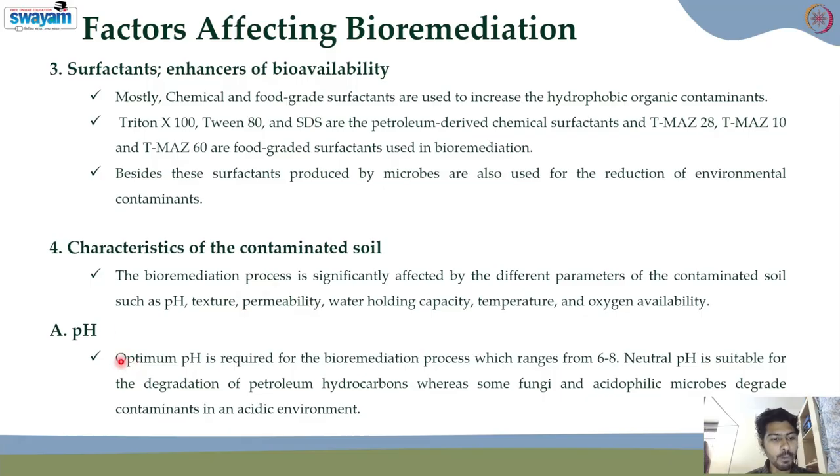So optimum pH is often preferred for the bioremediation process, and it prefers neutral pH, that is 6 to 8, especially for degrading petroleum hydrocarbons. Whereas for some fungi or acidophilic microbes, they can degrade the pollutant effectively in an acidic range of environment. So depending upon the organism, different pH is required in order to increase the rate of degradation.